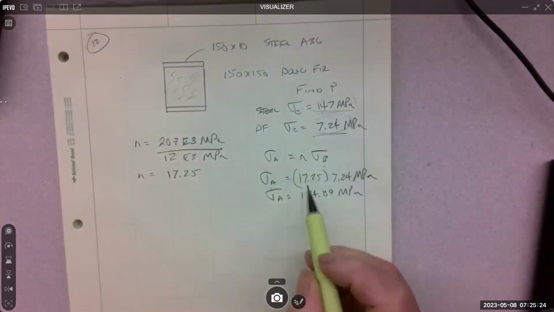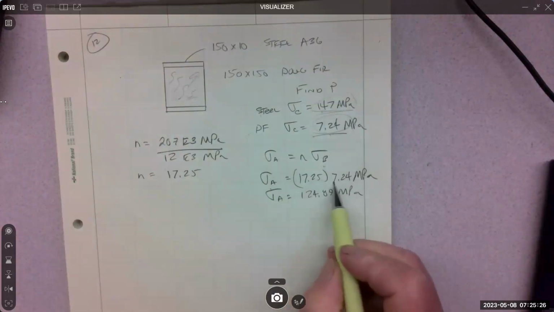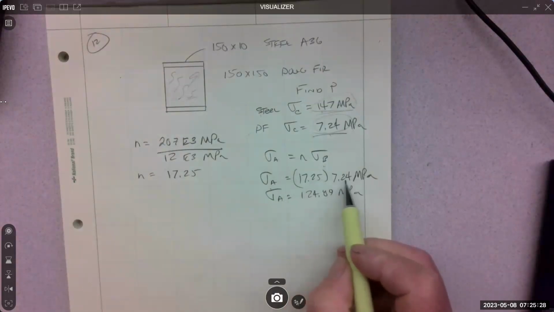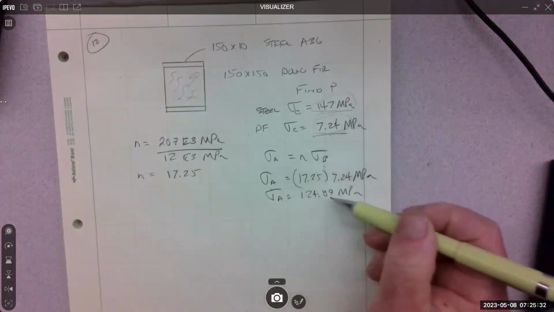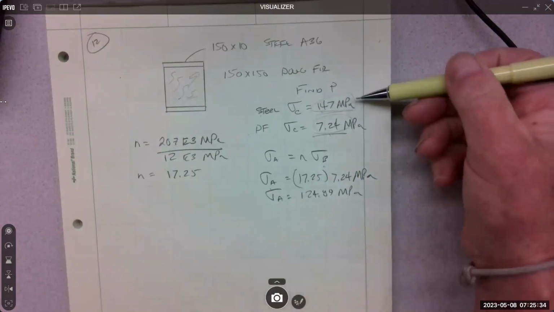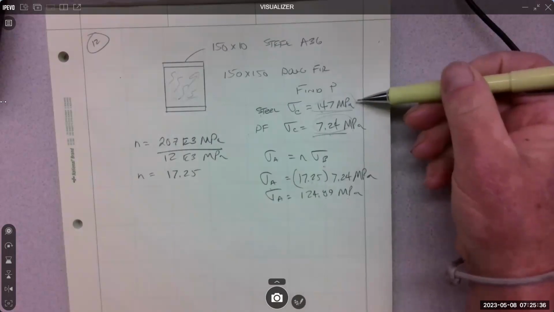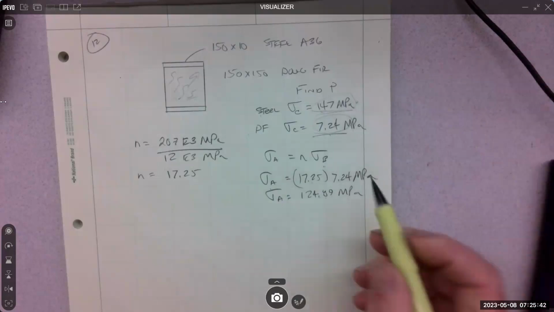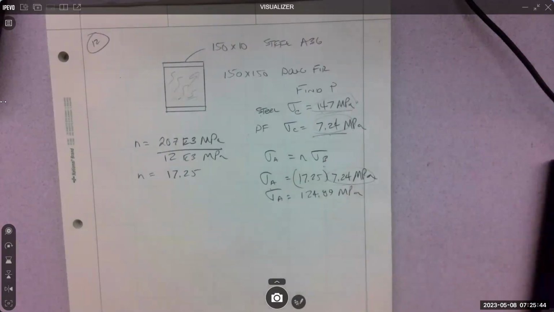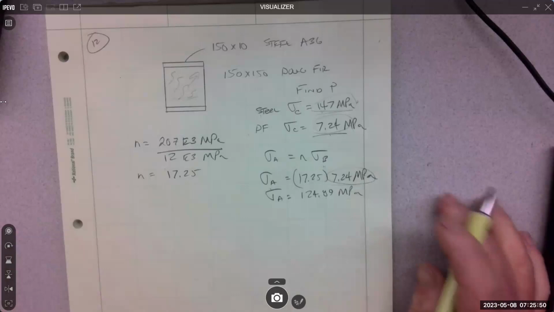So 17.25 times stress in B, 7.24, is 124.89. And that is under the steel limit. So that tells me that this is the control, that we do want to drive the Doug fir up to its limit. Okay.